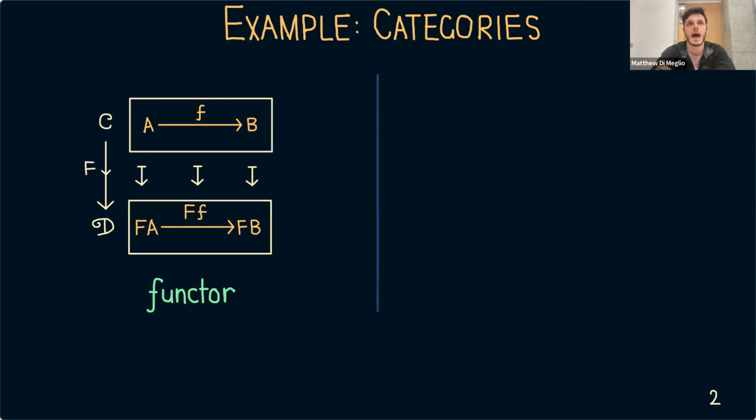A functor acts on both the objects and the morphisms of a category in the same direction, so it has an object map and a morphism map. The morphism map is compatible with the object map, and we have compatibility with identities and composites. So the functors are the morphisms of categories.